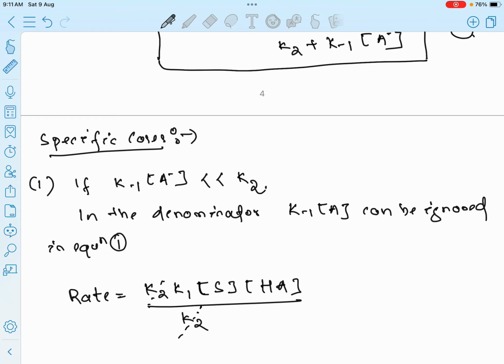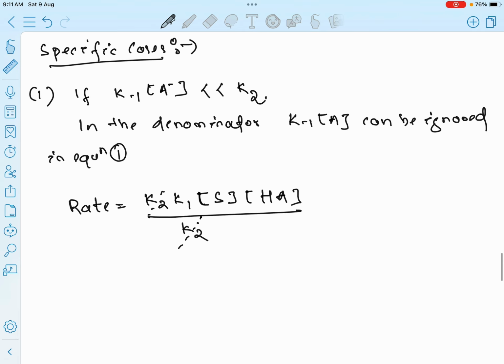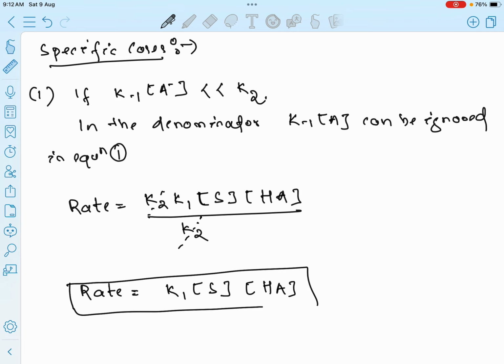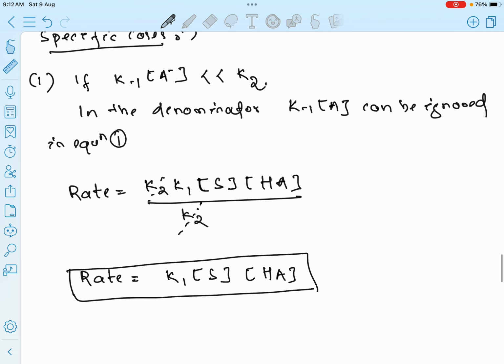Therefore, K2 cancels out. Ultimately, the rate of reaction comes out to be K1 into S concentration into HA concentration. This is your equation number 3.